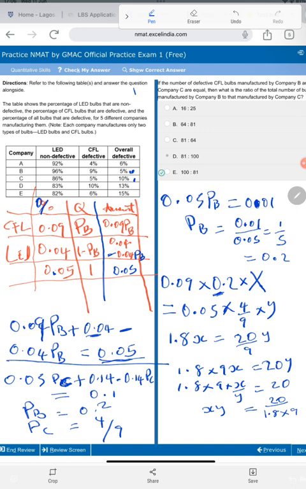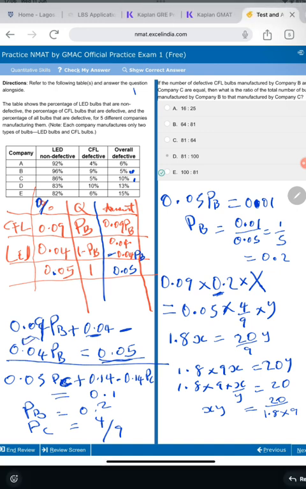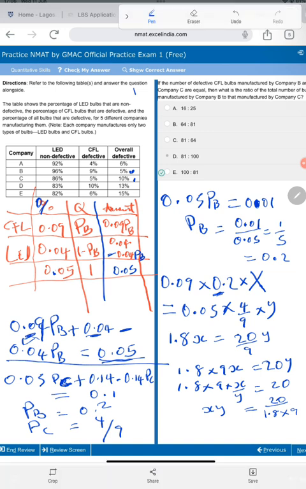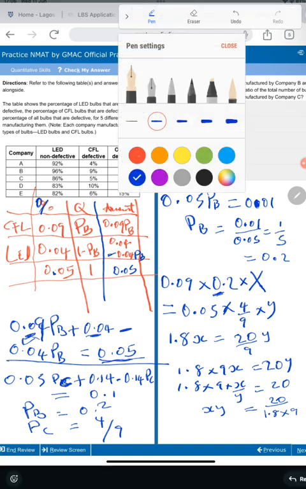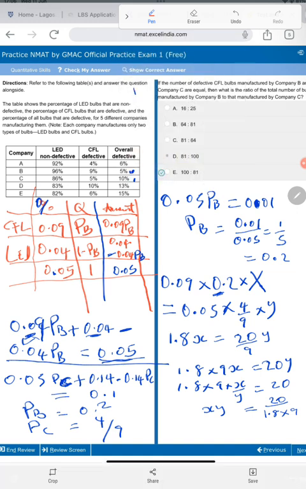Alright, when we solve PB, you get 0.2. When you solve PC, you get 4/9. An example of how to get PB would be 0.09 minus 0.04, that will give us 0.05 PB.